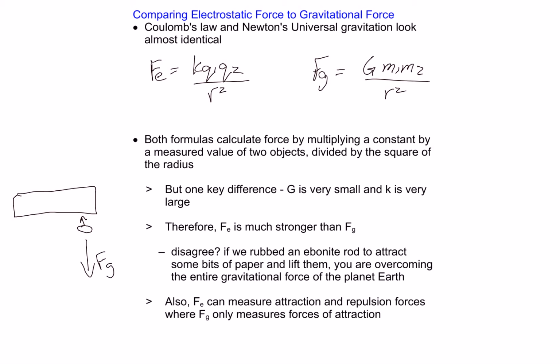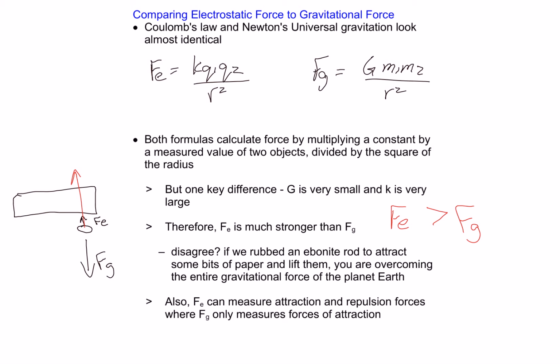Gravity is pulling that piece of paper down, and our electric force actually lifted it up. So for that to happen, the electric force has to be larger than gravity, otherwise the piece of paper wouldn't have been attracted to the rod. In a simple, small example like that, we overcome all of the gravity force acting on it, and the electric force was still quite a bit stronger. So that's one key thing to remember about our forces so far: electric force is hugely bigger than gravitational force.